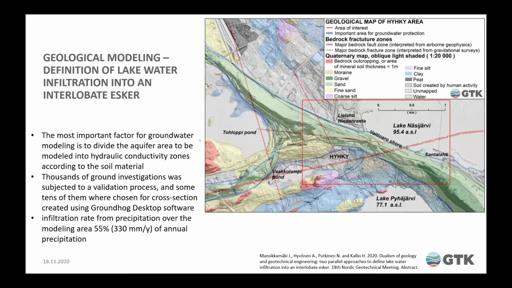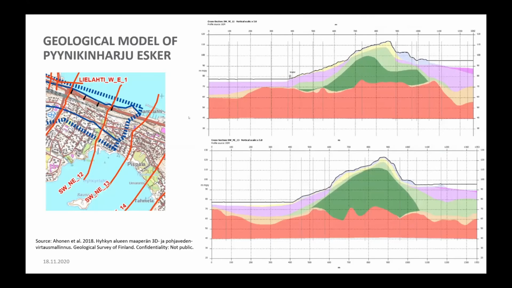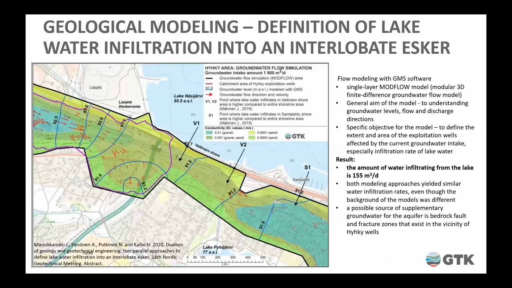So our Geological Survey made its own modeling approach. We were modeling the whole aquifer system, first making the geological model. Here you see some cross sections of the area of the esker made with GeoModeller software. And then we made, let's say, a traditional flow model of the aquifer. And the result of GTK's analysis was that the infiltration rate would be 155 cubic meters per day.